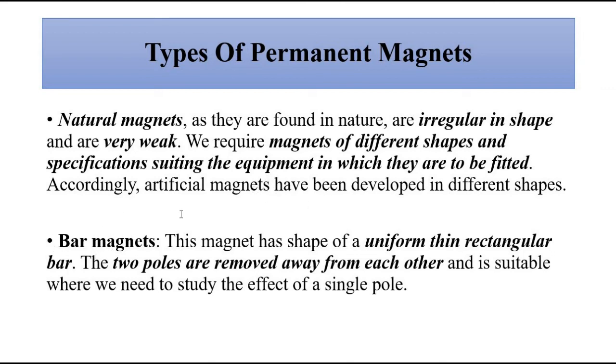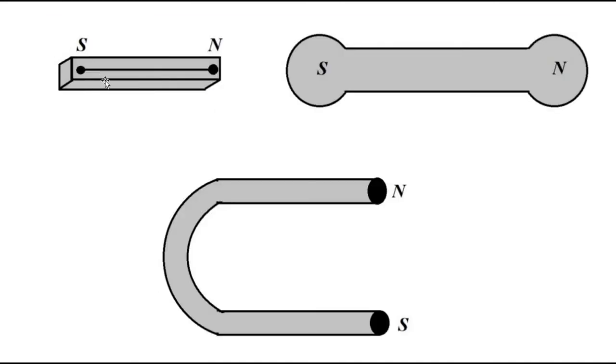The artificial magnets come as bar magnets, which is a uniform thin rectangular bar like this, which has a certain magnetic length from one pole to another. Then another form of magnet is the horseshoe shaped magnet, which again has south and north poles.